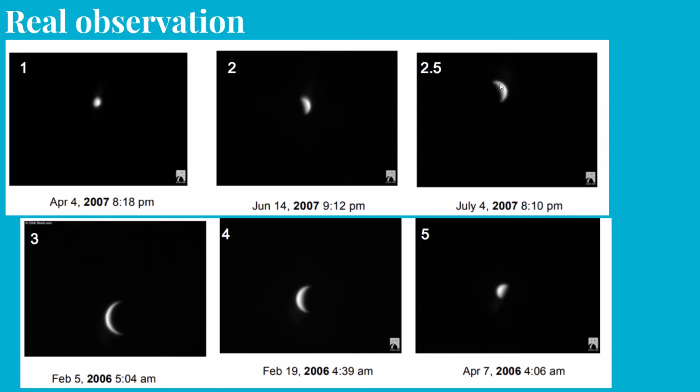In an imaginary position 2.5, you can actually get more of a crescent Venus. In position 3, the crescent has switched sides because Venus has moved in between us and the sun between positions 2.5 and 3. Position 4, Venus is illuminated a little bit more. And as we approach the sun again, Venus is going to appear even brighter in the night sky because it's moving back toward position number 1. So let's go fill out that worksheet.